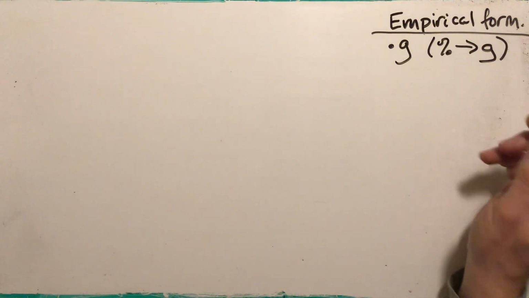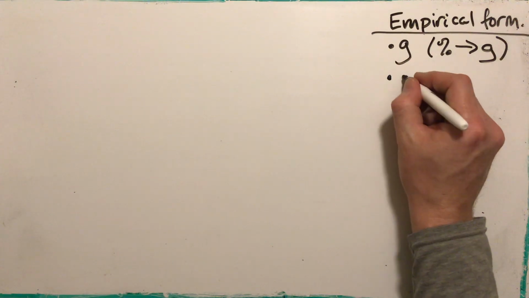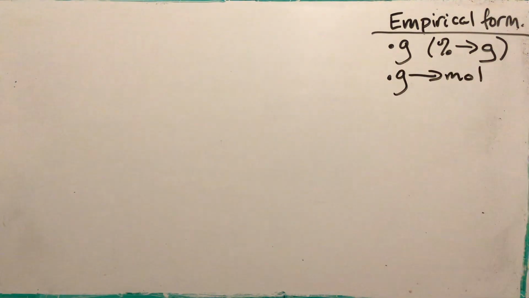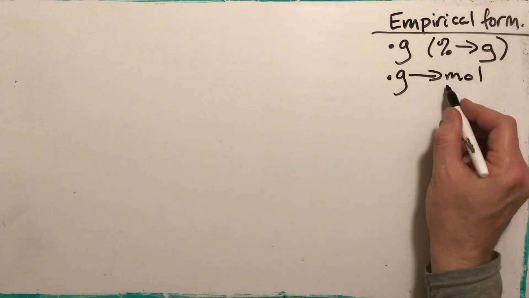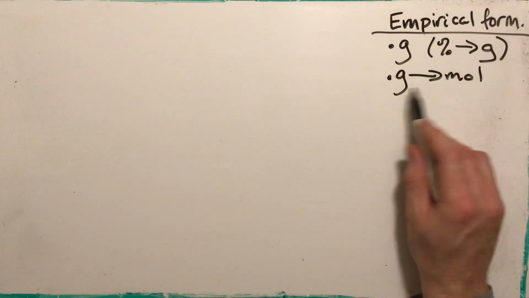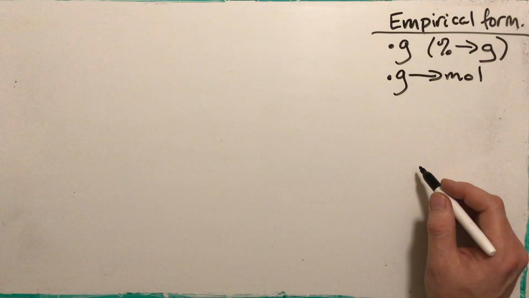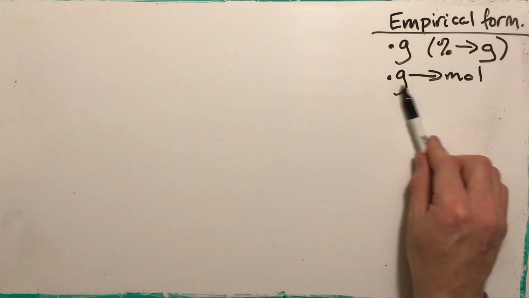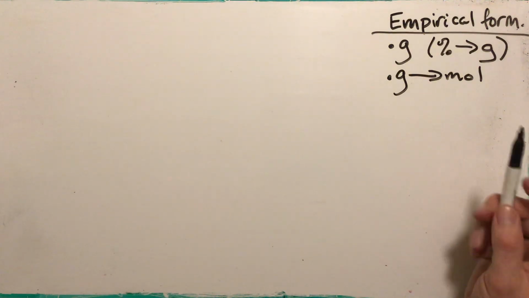Because 100%, 100 grams. The next thing we had to do, all formulas are based on amounts. Amount in chemistry is moles. All right? So I've got to turn my masses into moles. We've done that before. This is where our periodic table comes into play. To go from grams to moles, I need the molar mass.